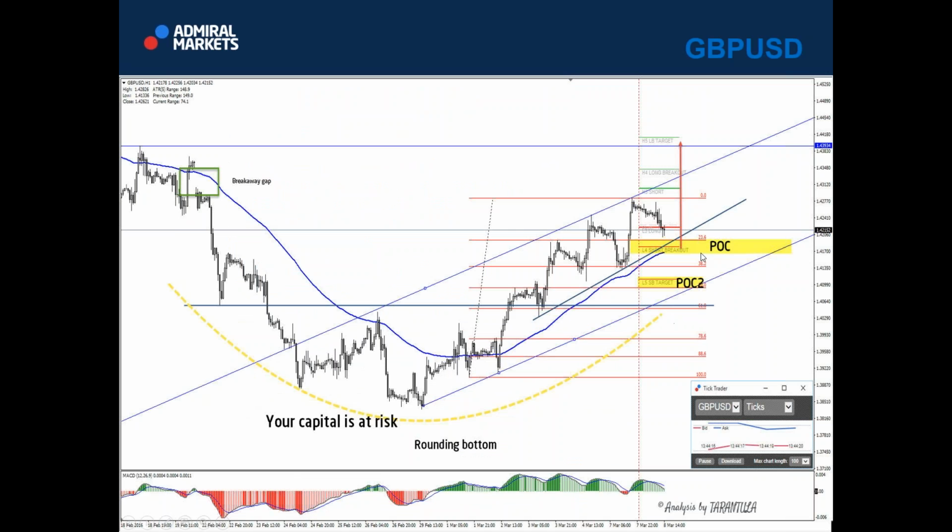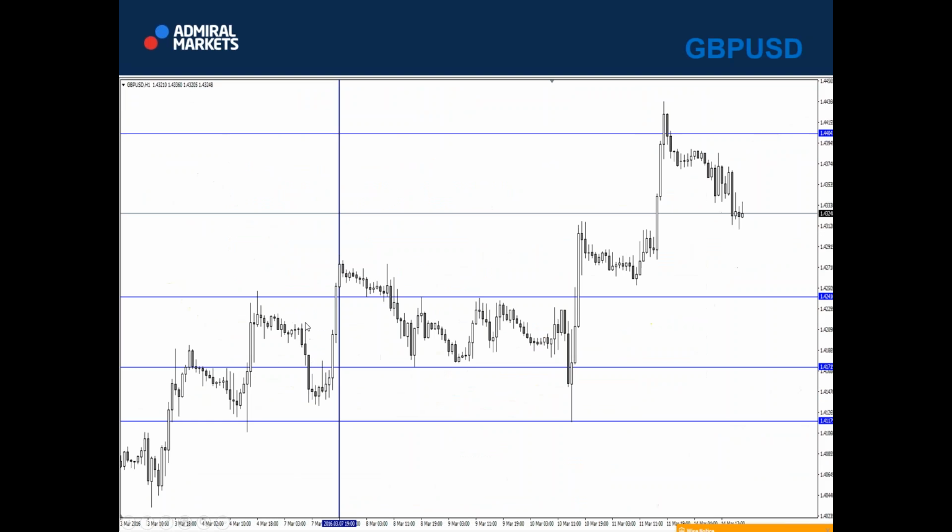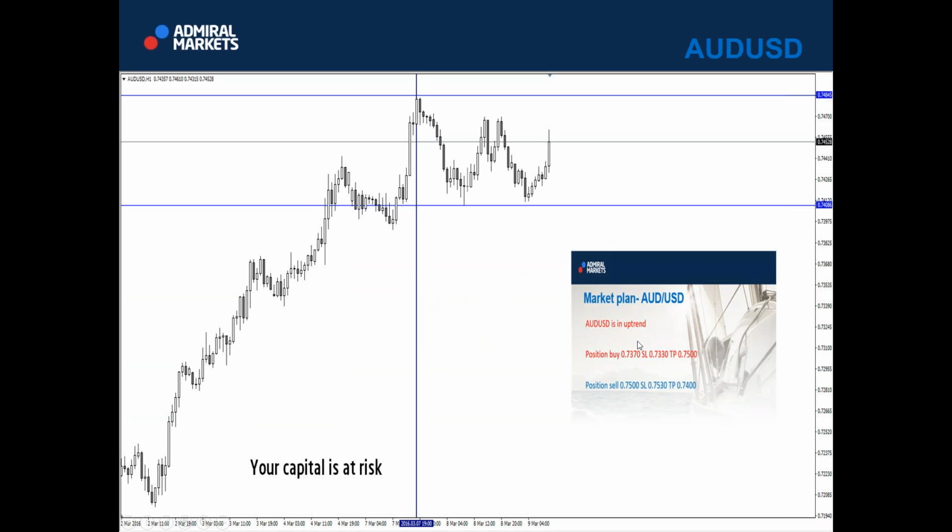But as I always say, the first rejection is the best. So here it was our POC, and look what happened. Within the first POC, bang, straight 70 pips, 50 to 70, and here also. See? So pound dollar was a very, very good trade.